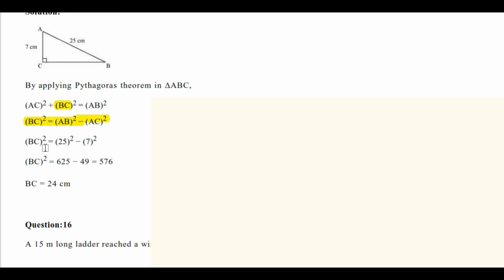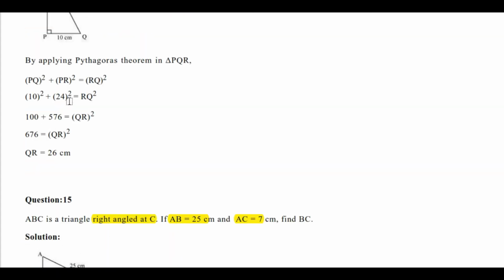So BC square equals 25 square minus 7 square, 625 minus 49, which equals 576. And the square root of 576 is 24. We have already done this: 24 square equals 576.